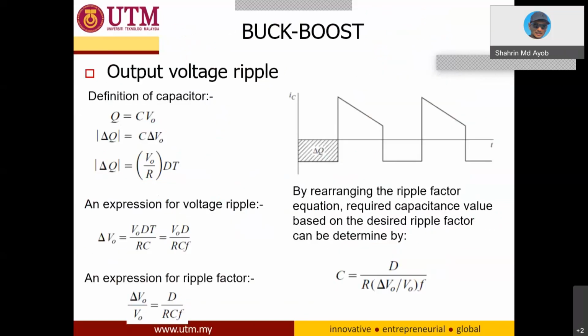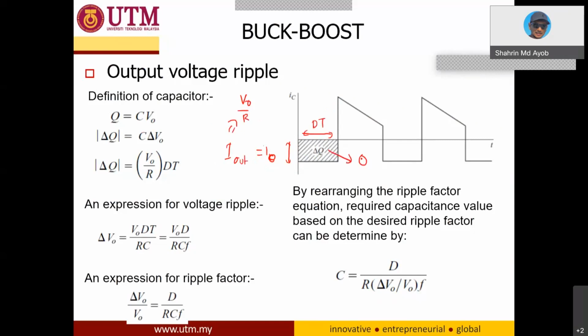To get the ripple voltage, usually we go for the IC. As you can see, the waveform of the IC is similar to the boost converter. This one is your I out, which you can calculate by using V out over R. This one is your DT.